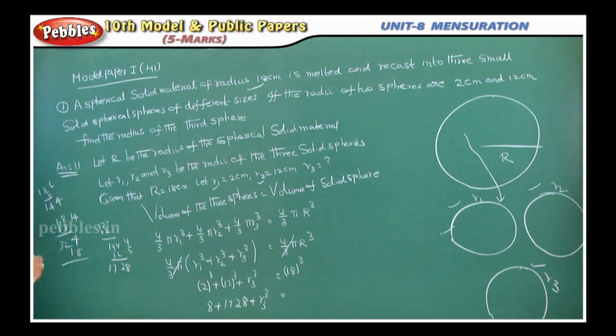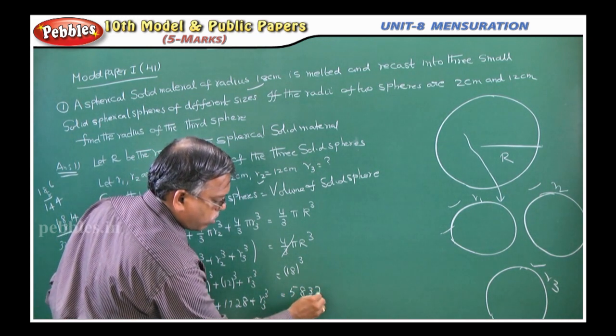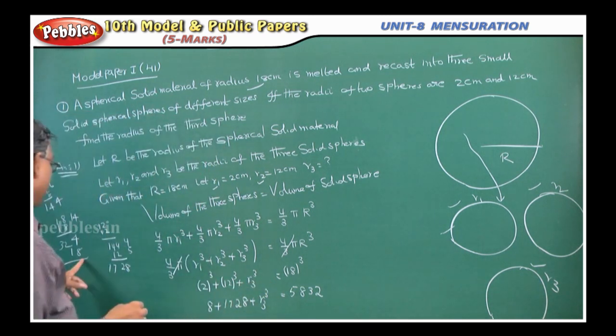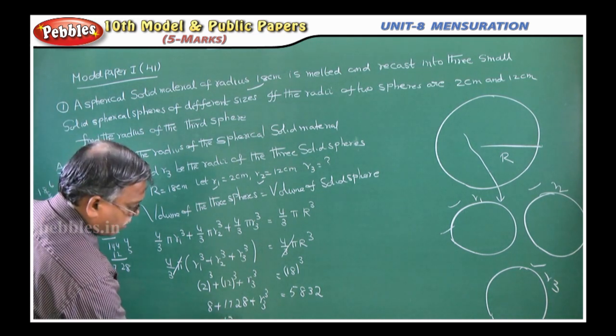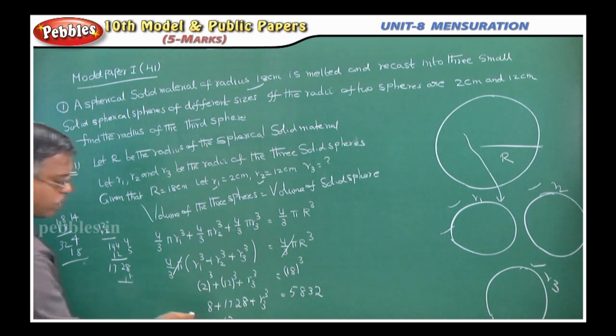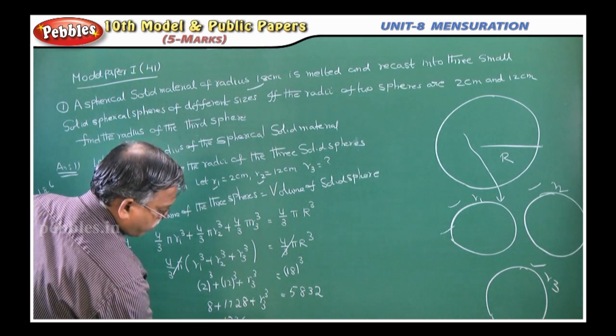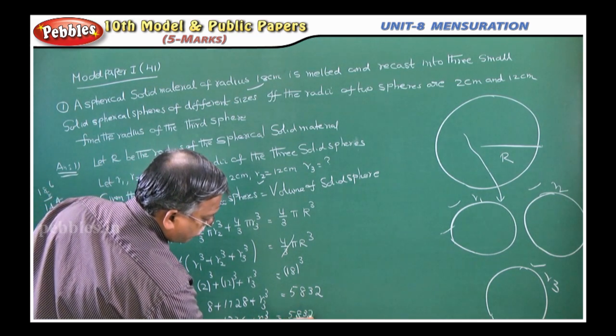Again 18 we have to multiply: 324 into 18 is 5832. So 1736 plus r3 cube is equal to 5832.